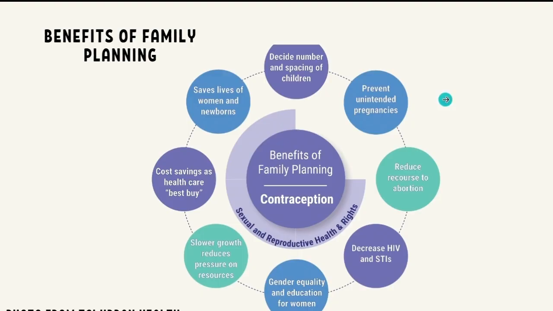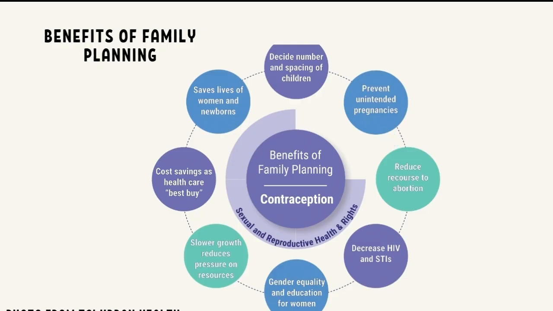So it prevents unintended pregnancies. Once you do family planning, you can't say, oh, we never did plan for this, or we can't afford to take care of more children, right? So that is the benefit of family planning. It also reduces the recourse to abortion.